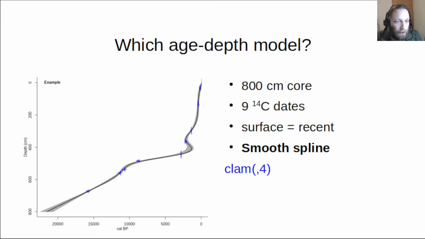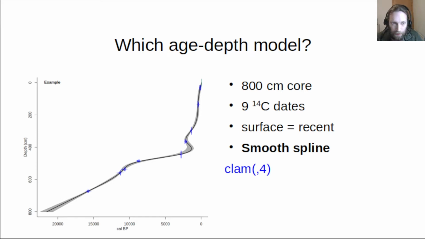One likely model is that of a smooth spline because it looks quite smooth and natural as opposed to these very straight linear models. But in this case we've got a reversal in accumulation, which is like going backwards in time, and that is a very unlikely thing. So you would like a model to not cause age reversals, because in most sites that's a very unlikely thing to happen.